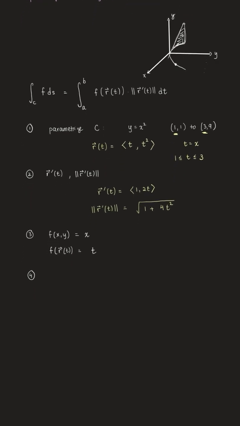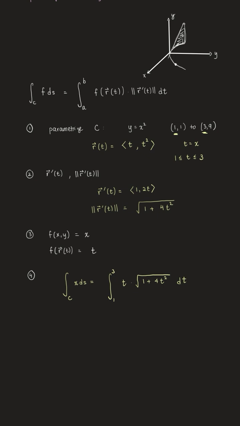And now we can set up our line integral. We have the integral over our curve of x ds is equal to the integral for t equals 1 to 3 of our function with respect to t, which is t, times the speed, magnitude of r prime of t, which is the square root of 1 plus 4t squared, dt.